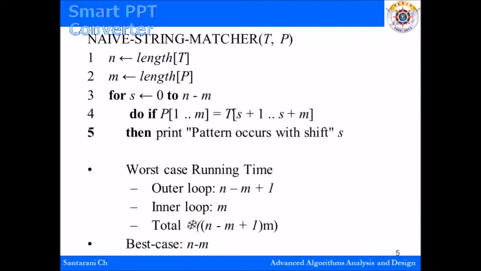The naive string matcher takes two inputs, the text and the pattern. Here, n is the length of the text and m is the length of the pattern. So for s going in a loop from 0 to n minus m, we specify a condition in an inner loop: if P[1..m], that is the characters in the pattern, match the characters in the text T[s+1..s+m].